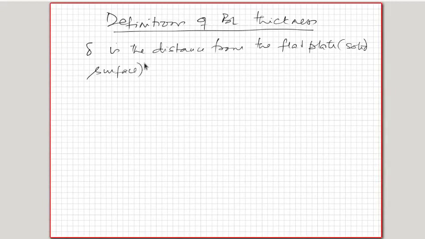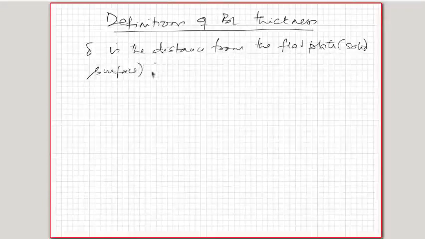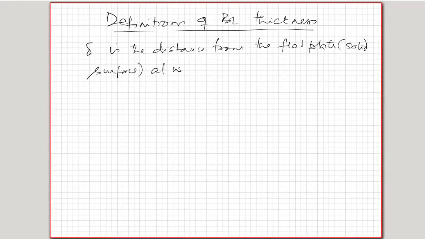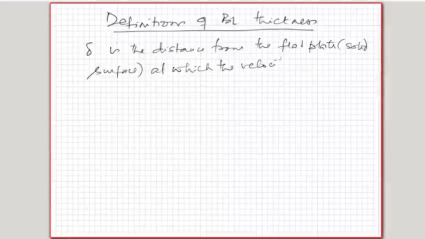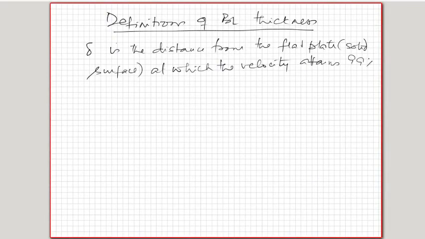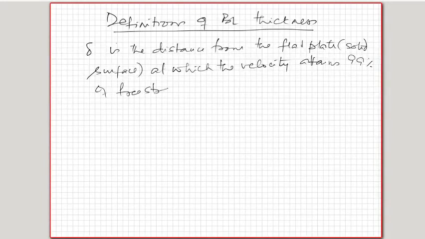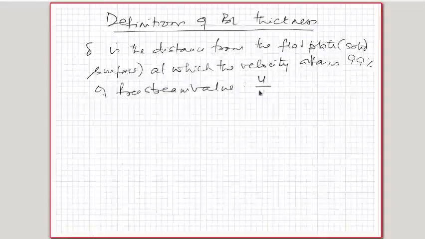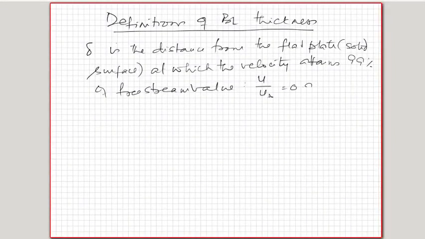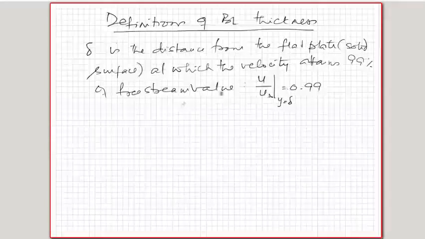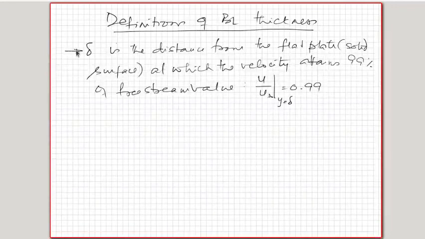We have discussed so far only flat plate, but otherwise any solid surface, at which the velocity attains 99% of free stream velocity. That is, u by u infinity is equal to 0.99 at y is equal to delta. So this is one definition that we have been using.